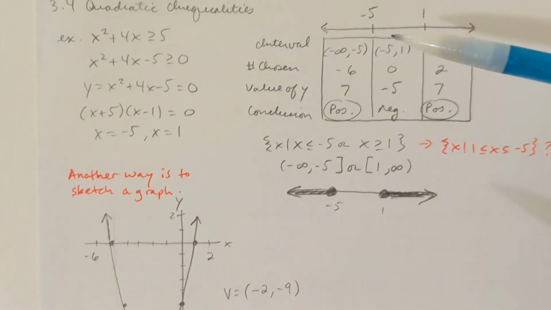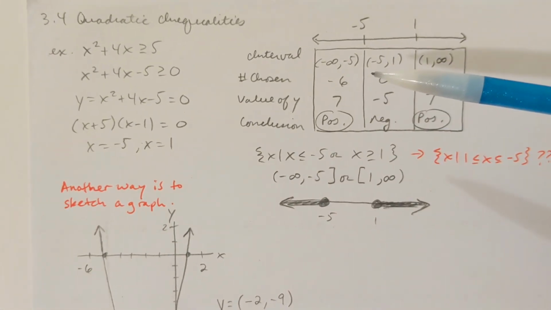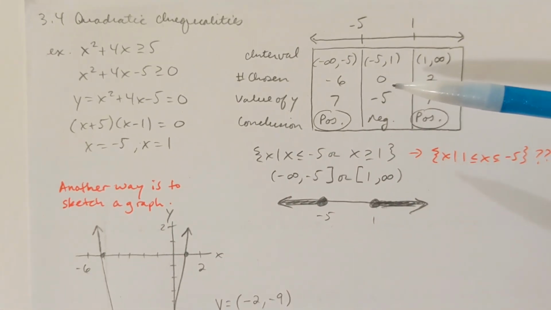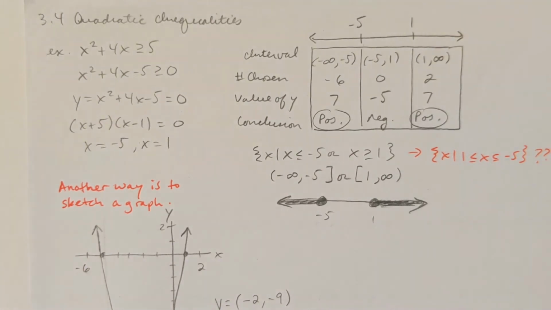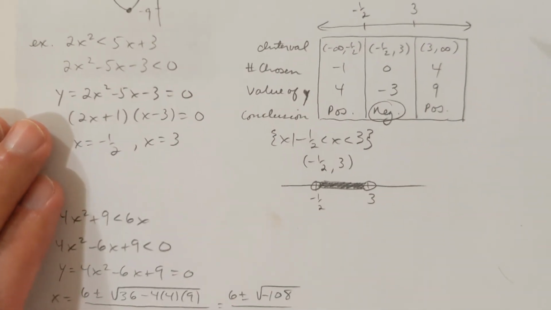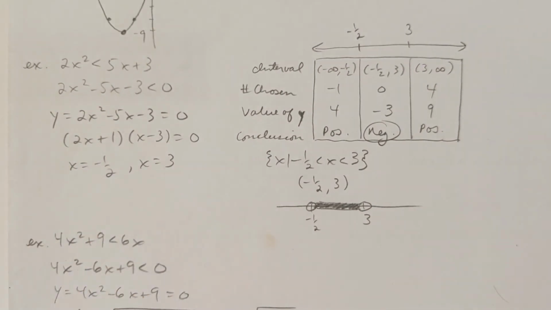So I like the table method better. In calculus, you do a lot with tables, so it's kind of a preview to things there if you're headed that direction.